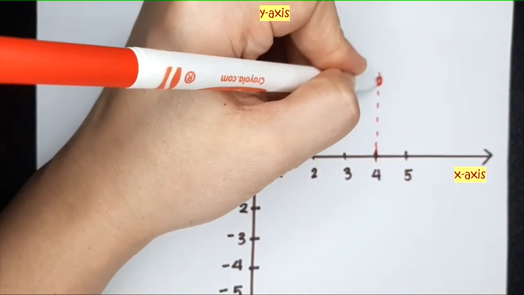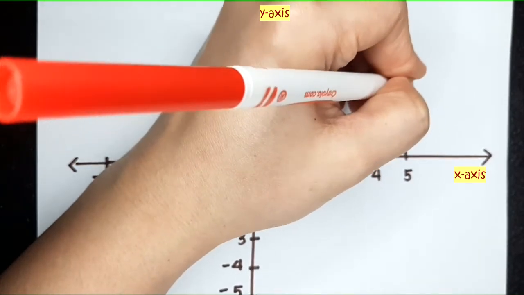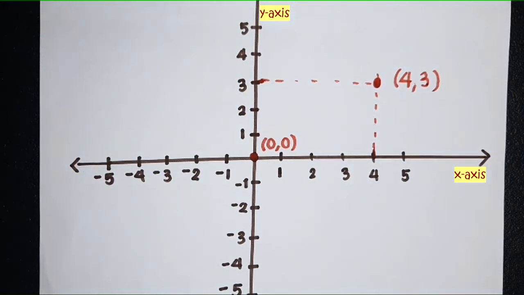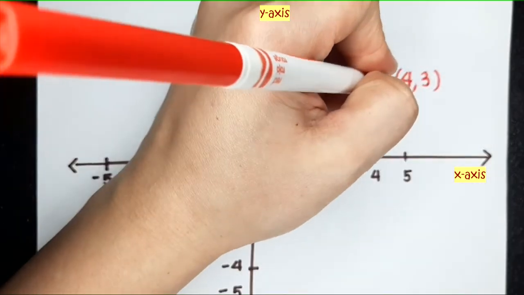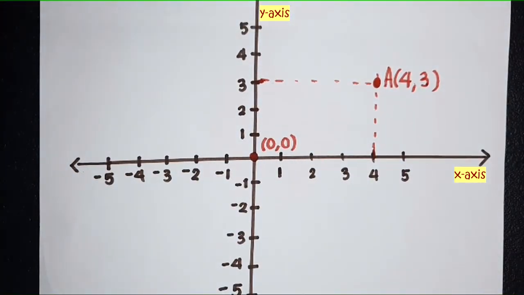This point is the point for 4, 3. Okay, let's name this point. Let's say this is point A. So, you use capital letter A. Dito lang nyo ilalagay yung name niya. Like that.